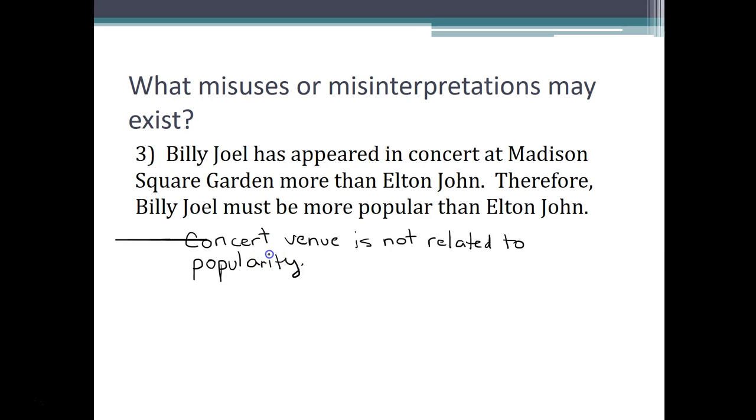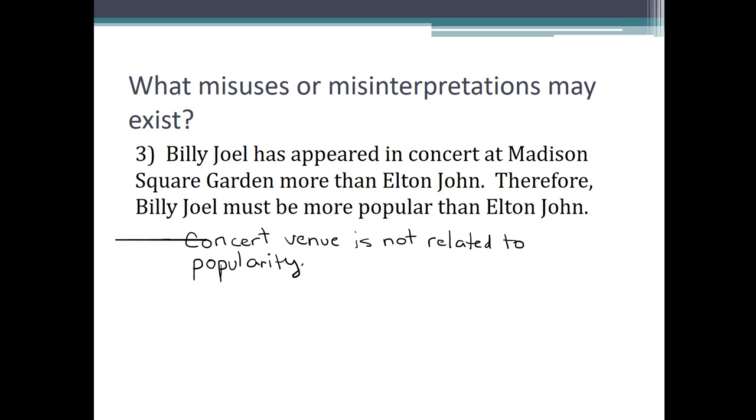Now, I know it's Billy Joel and Elton John, so they're both super famous, super popular, but just for kicks and grins, take a statement like Billy Joel has appeared in concert at Madison Square Garden more than Elton John. Well, what if Billy Joel has only appeared at Madison Square Garden while Elton John has appeared in like 100 places and actually appeared more? You don't know.